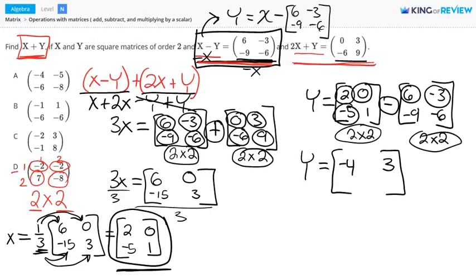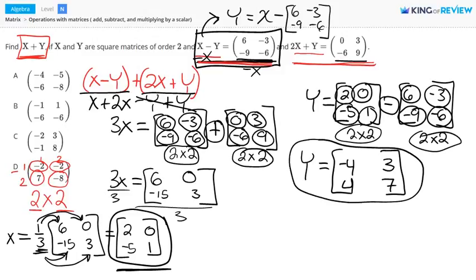Negative 5 minus a negative 9 equals 4. And 1 minus a negative 6 is 7. So now I know what y is.